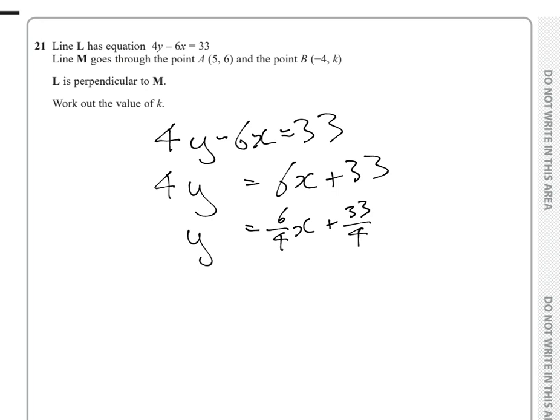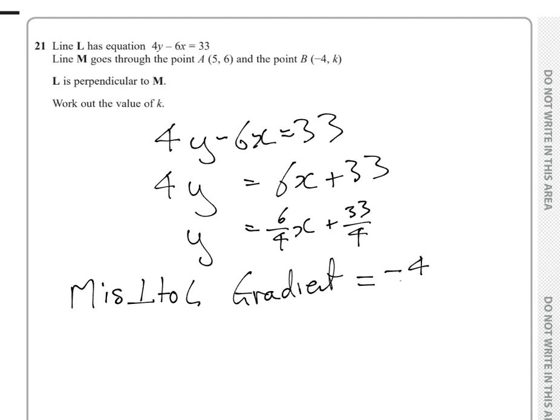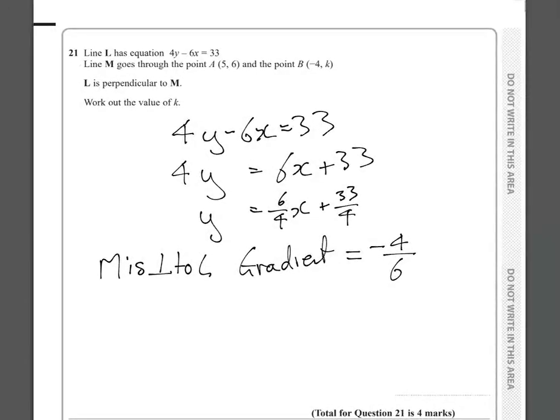And then M is perpendicular to L. So this is L. So the gradient is minus 1 over it. So it's minus, turn it upside down, minus 4 over 6. So this new line has to go through the point (5, 6). So it's y equals minus 4 over 6 x plus something.